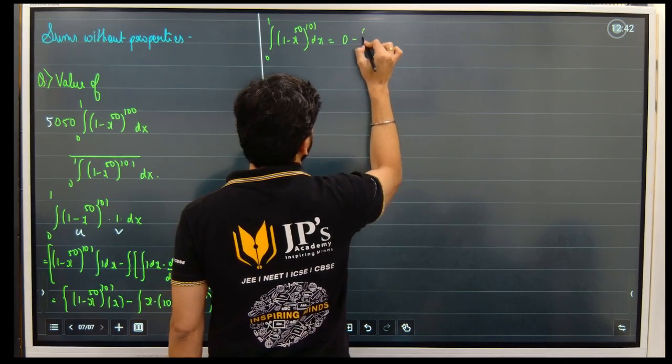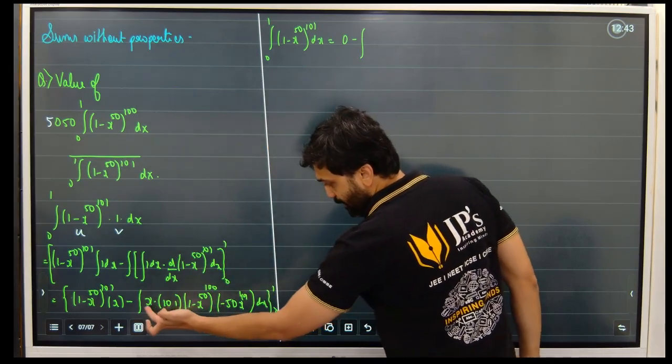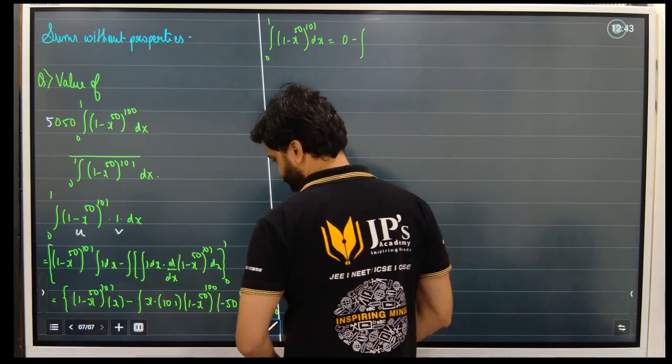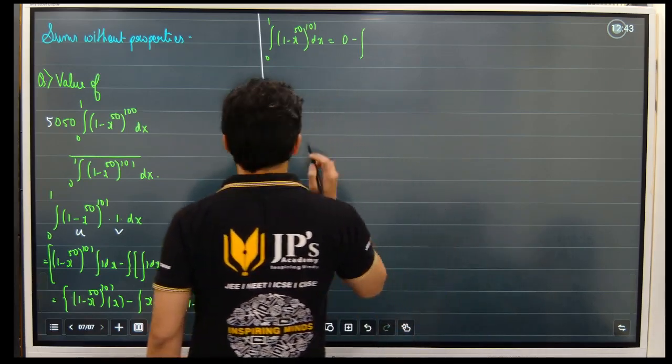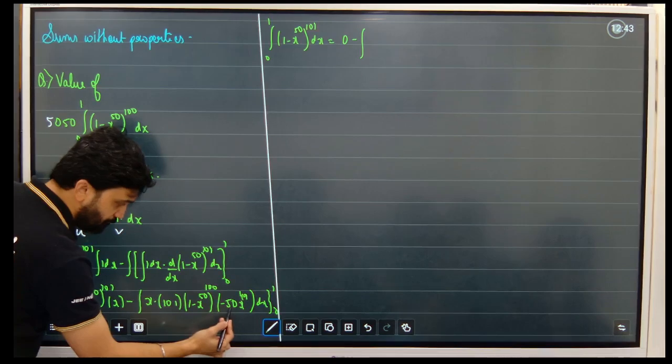minus integration. Now if I combine this, x into x raised to 49 will become x raised to 50. And 101 into 50 will become 5050.